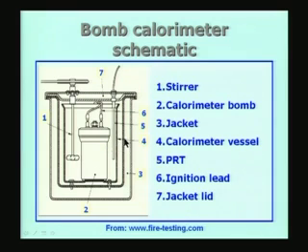The reason why we have a jacket whose temperature is maintained constant is to prevent heat loss, and therefore I can consider the inside vessel plus the bomb plus whatever is kept inside the bomb to undergo an adiabatic process. That means there is no heat transfer between the inner calorimeter and the outer jacket.